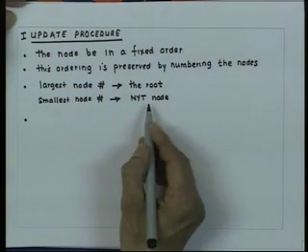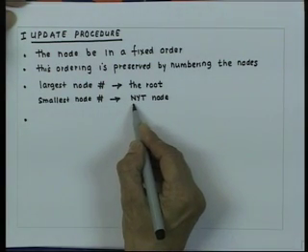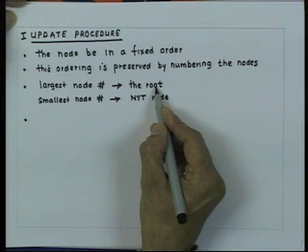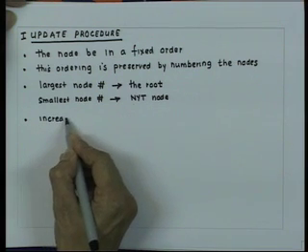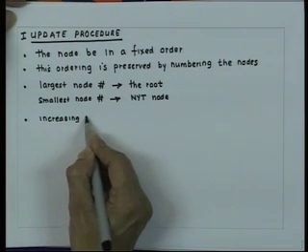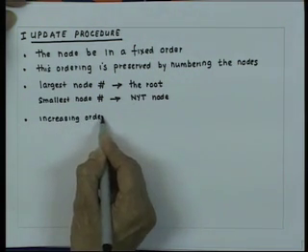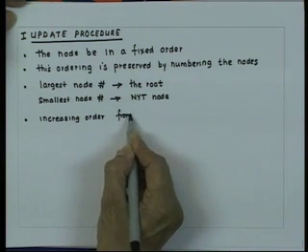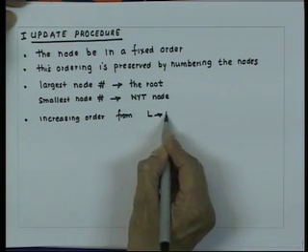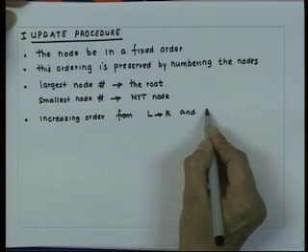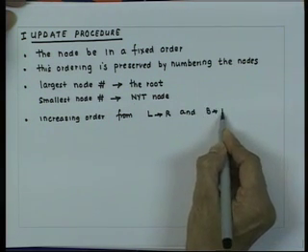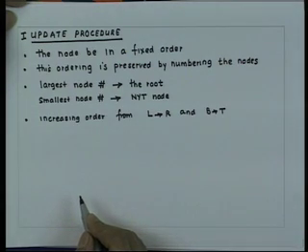The numbers from the NYT node to the root of the tree are assigned in increasing order from left to right and bottom to top.